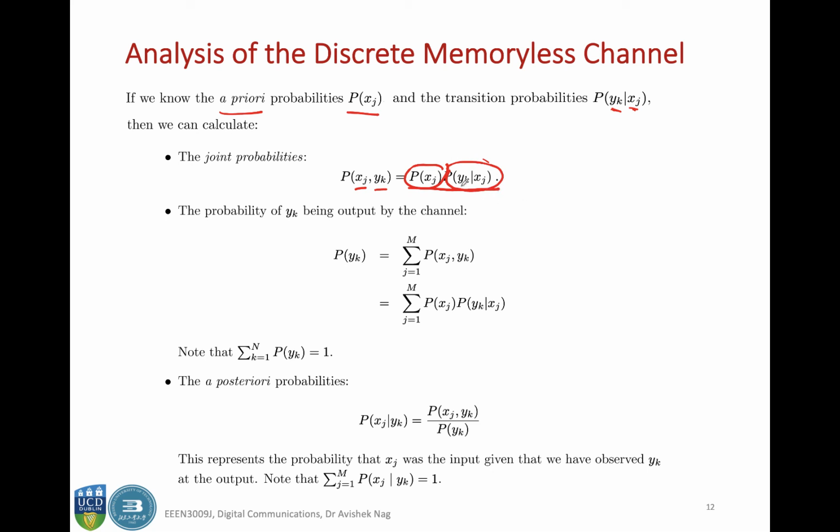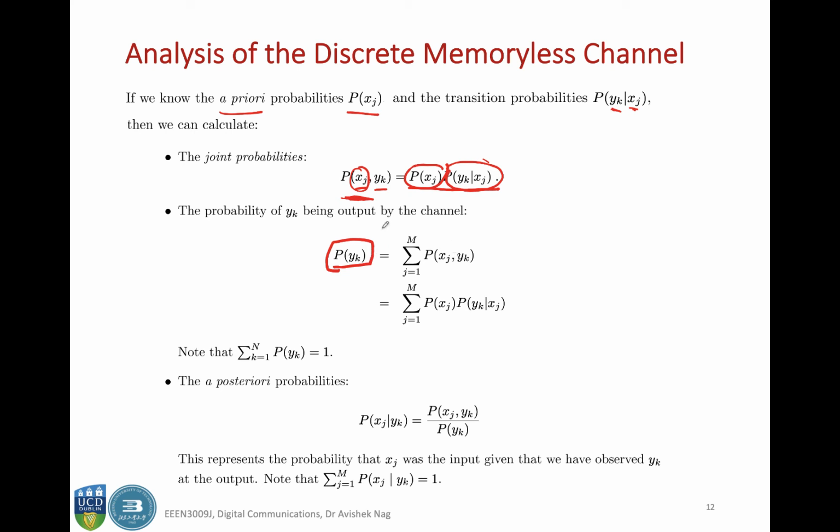Now if you sum these joint probabilities over all values of j, you get the marginal probability of yk.